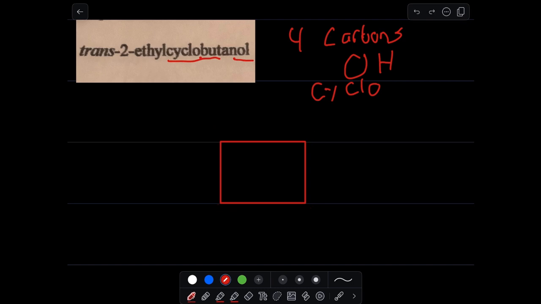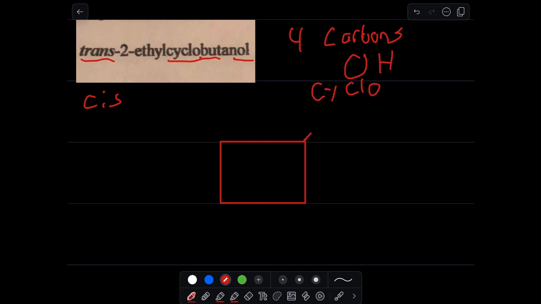And since we have trans here, and this also can be cis, we have to show the stereochemistry. What the stereochemistry means is we see this as a 2-dimensional plane, but in reality it's 3-dimensional. So how do we represent that and articulate that in our drawings of what side of this molecule that the alcohol is on versus the ethanol here?